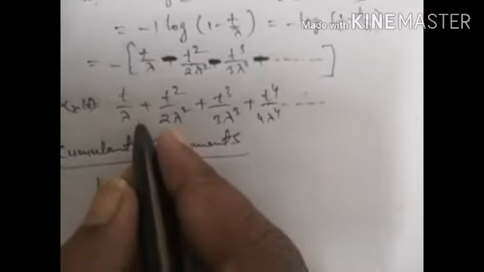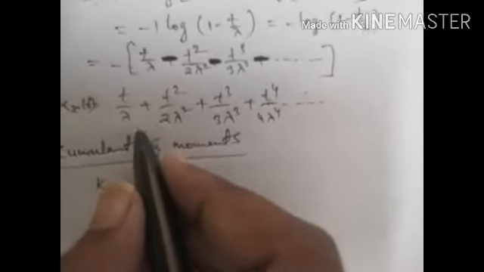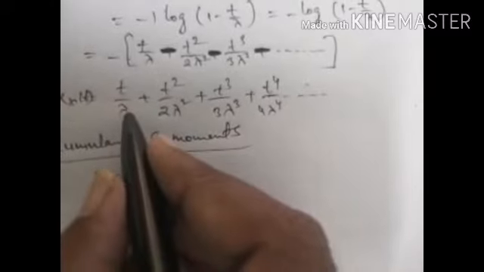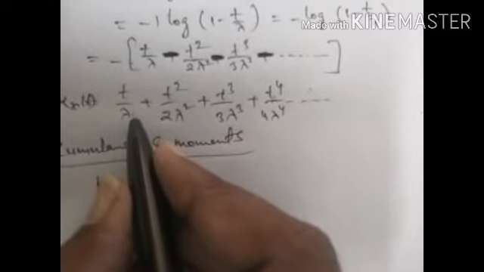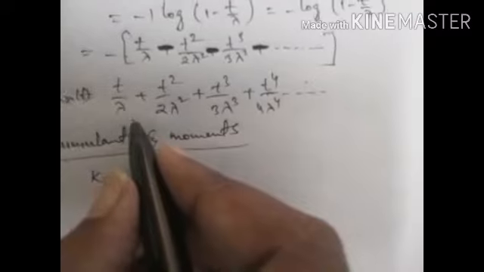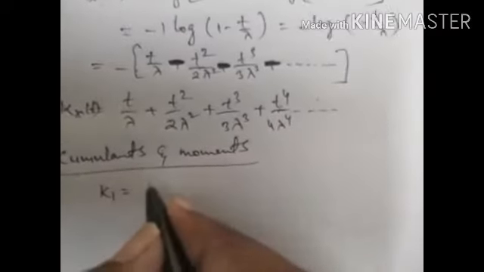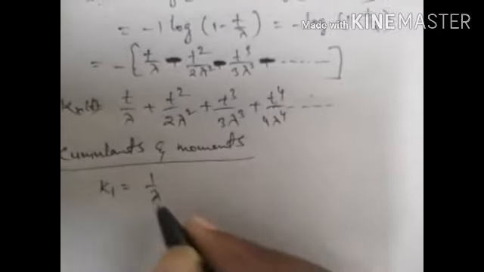So k1, what is k1 here? The coefficient of t in K x of t, that is 1 by lambda.